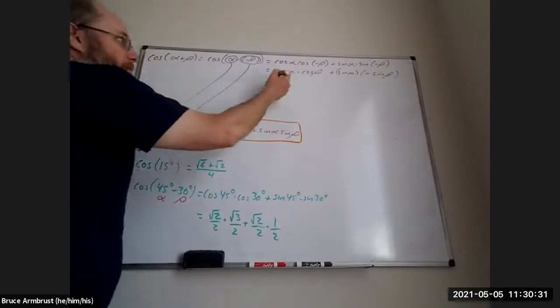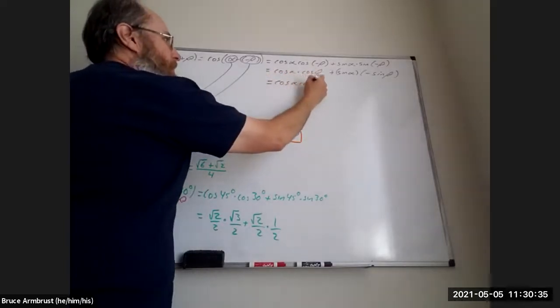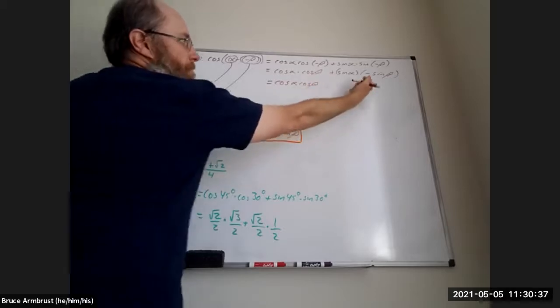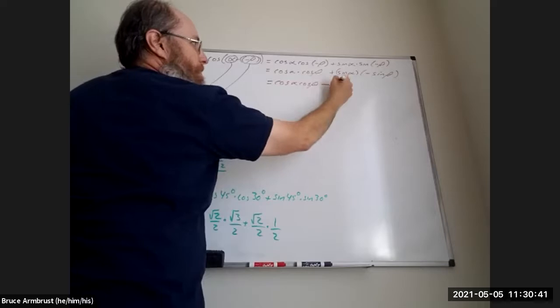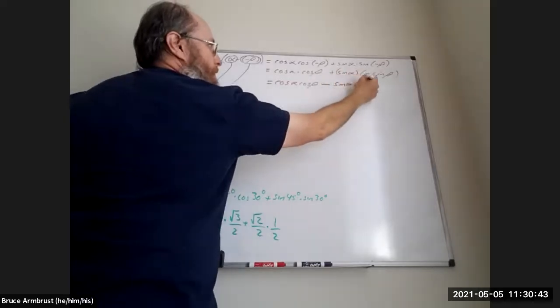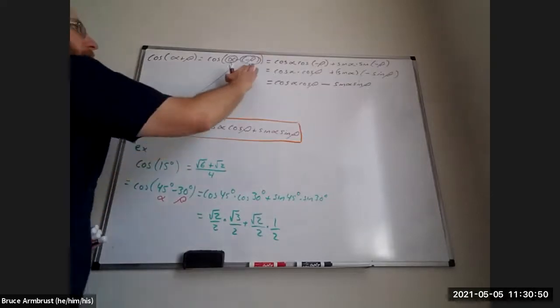Okay, well, let's see what happens here then. We get cosine of alpha, cosine of beta. That minus sign, since I got a positive times a negative, makes that negative. So we get sine alpha, sine beta, but it's being subtracted.